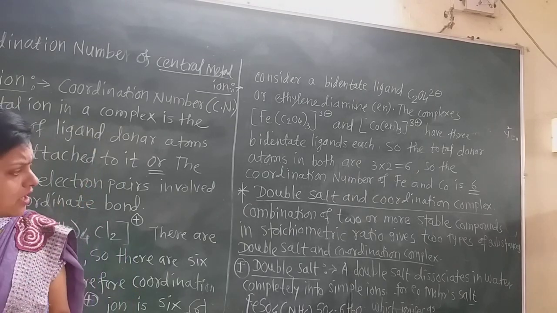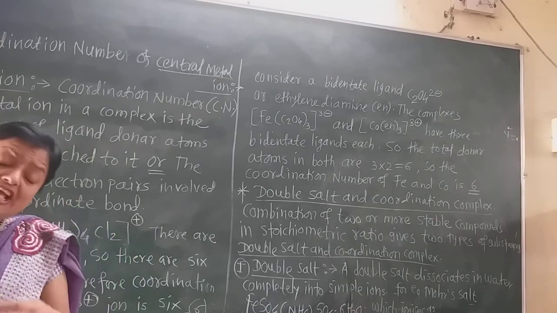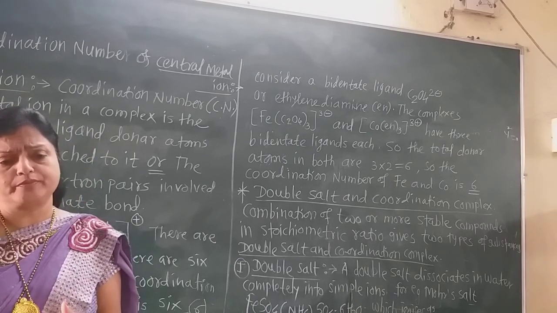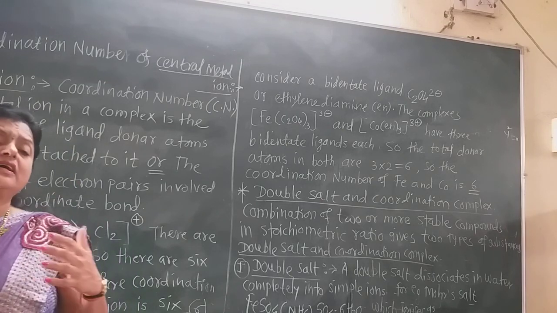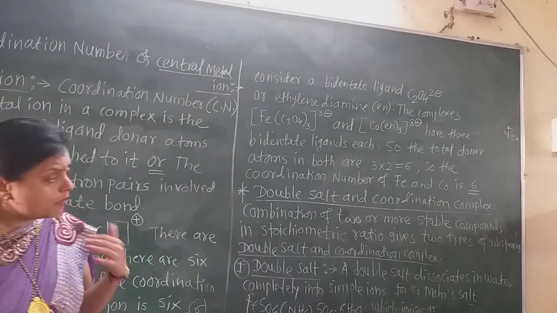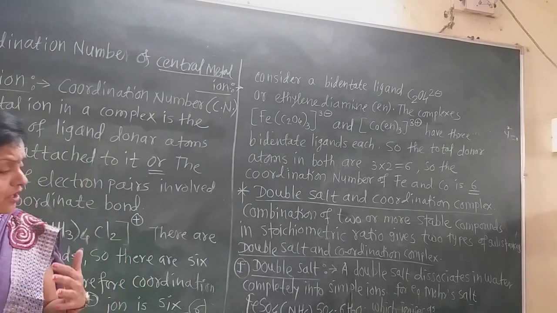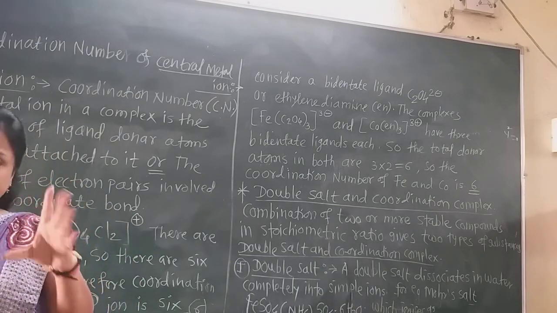Now, if we combine 2 or more stable compounds in a stoichiometric ratio, meaning a numerical ratio such as 2:1 or 3:1:2, this gives 2 types of substances.